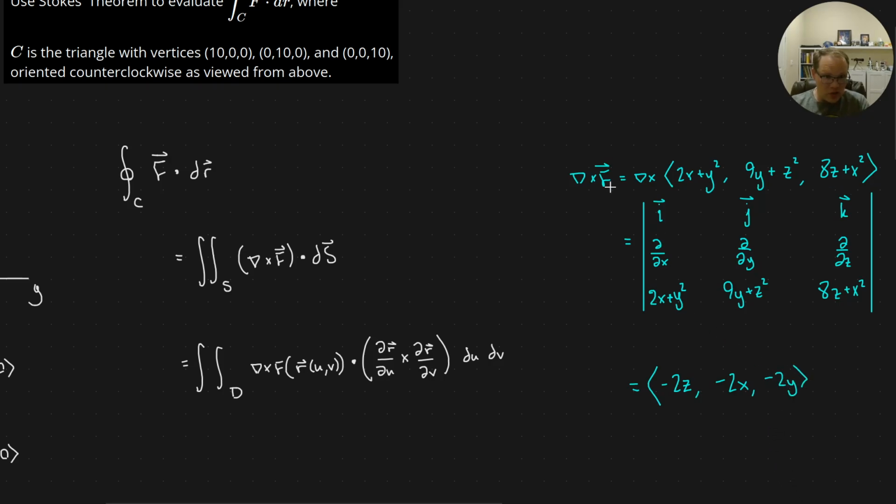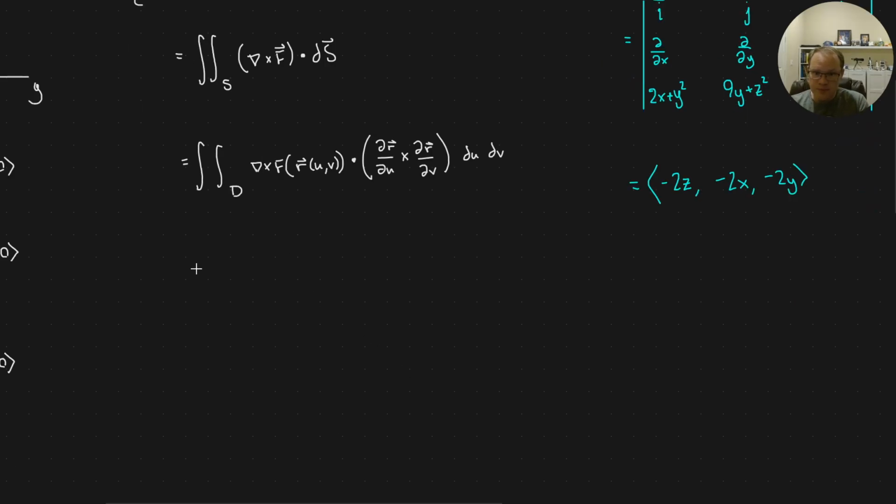Okay, so that's the curl of our vector field F. Now what we want to do is plug in our particular parameterization. So let's leave the region of integration abstract for now. If I plug in my parameterized surface, what do I have?